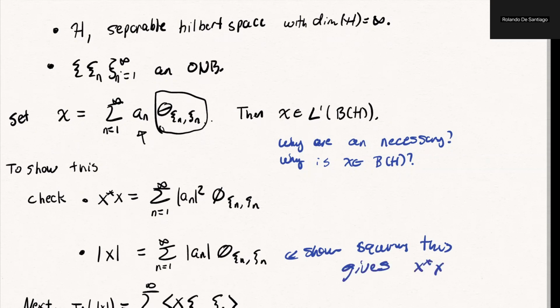Earlier, I mentioned that the absolute value is uniquely computable. So once you have verified this, you know that you have the absolute value. These are the steps that you would go through.